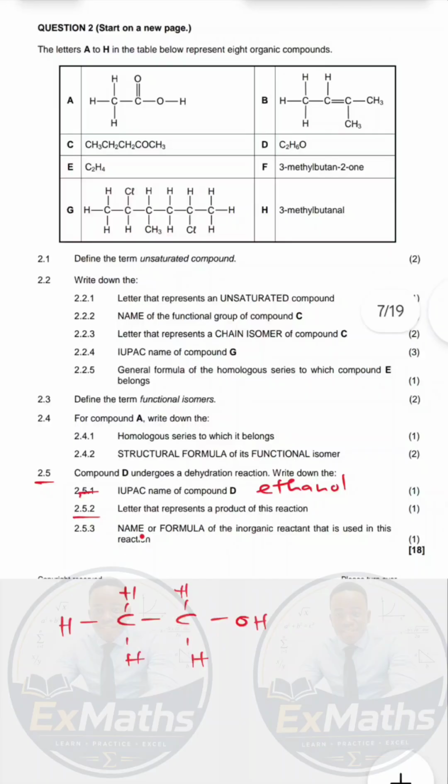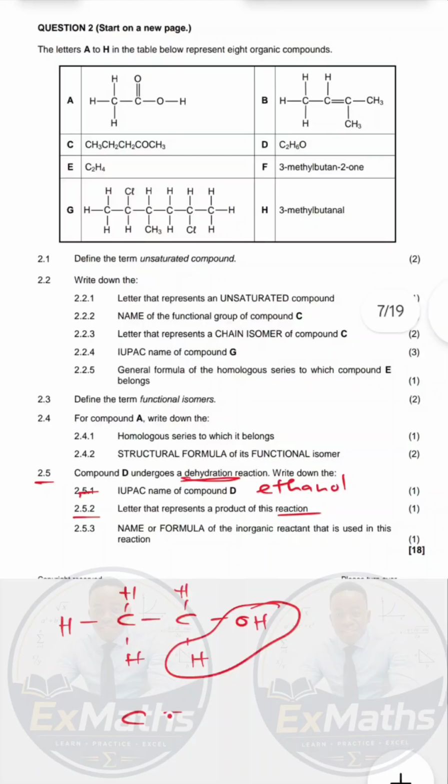Then 2.5.2, you need to write down the letter that represents a product of this reaction. Which reaction are we talking about? It's dehydration. So if you dehydrate an ethanol or an alcohol, what are you going to form? We know that we're going to eliminate the water. And a double bond is going to be created here.